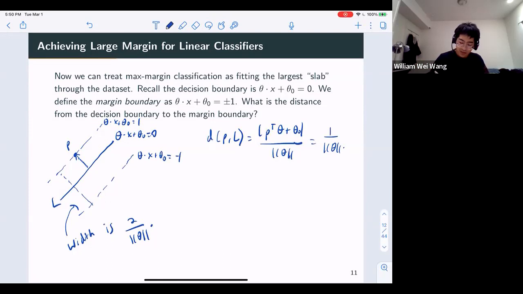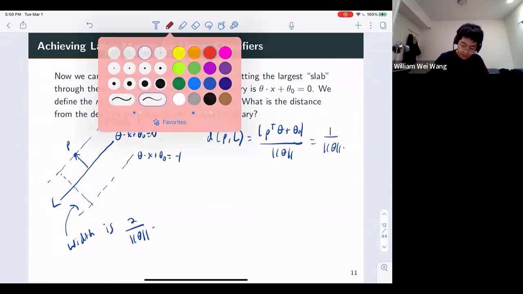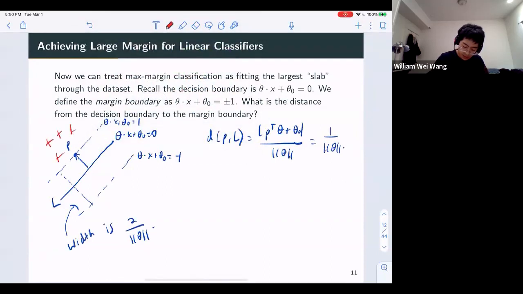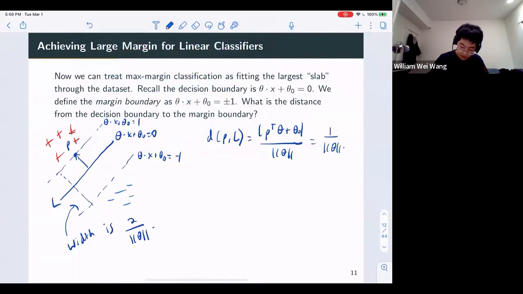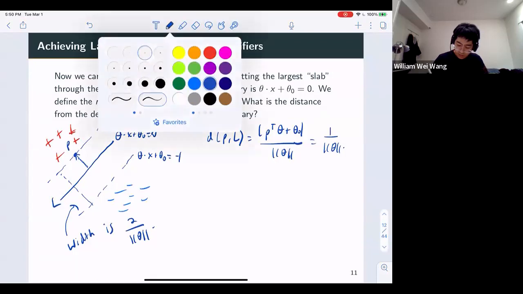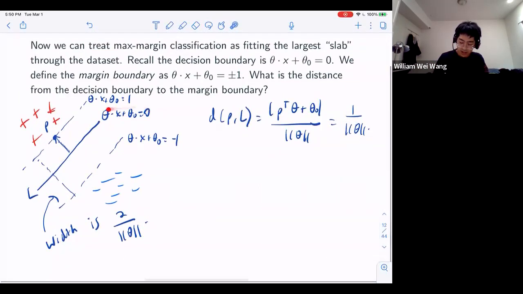So basically, when you have some sort of points, draw them as, let's say, pluses, and then we have minuses over here. One way of trying to do max margin linear classification is to say, okay, let's try to find the best theta and theta naught such that everything is classified correctly, but you want to maximize the margin of this classifier.